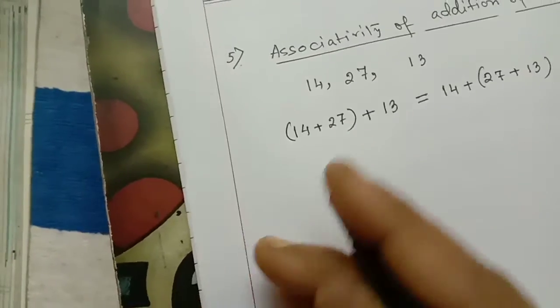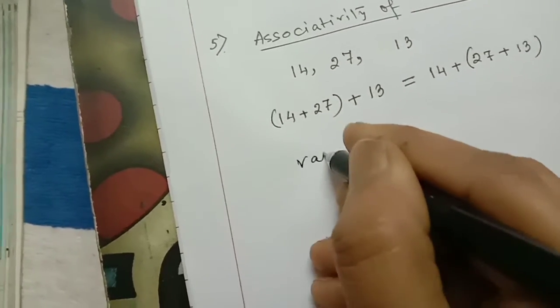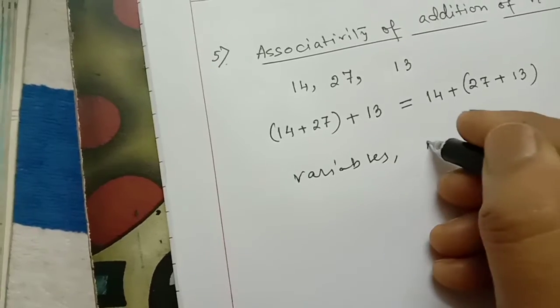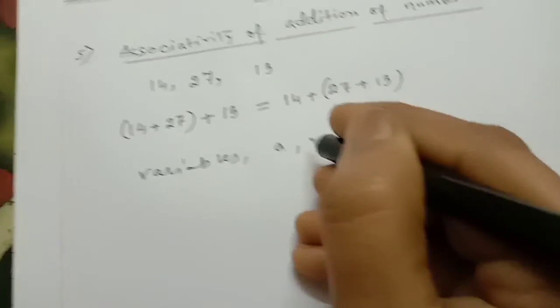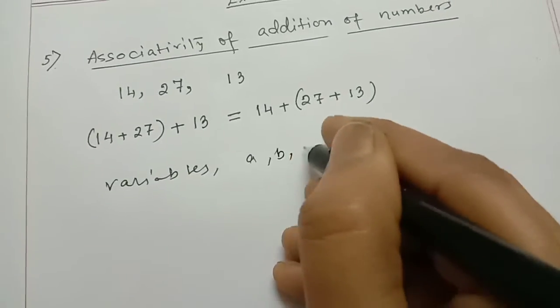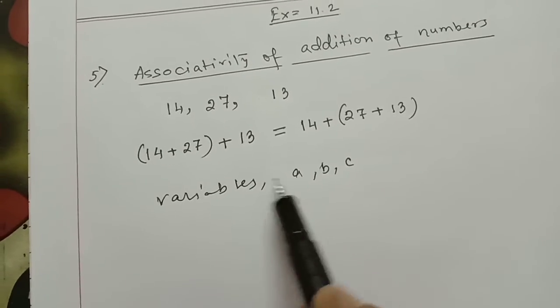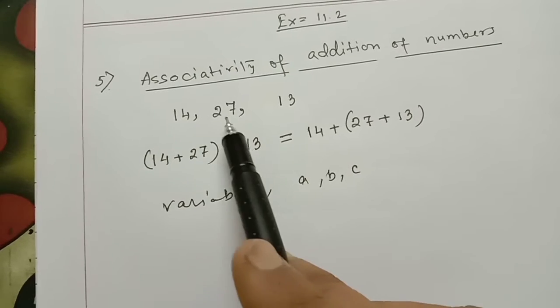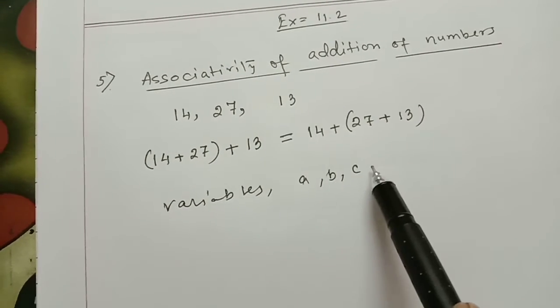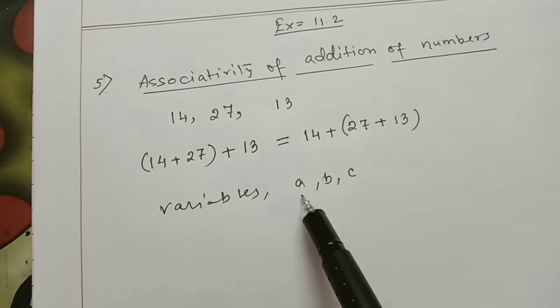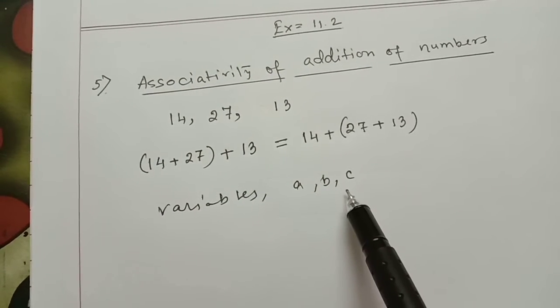Now by using variables, say a, b and c. See, these three variables I have taken. Instead of 14, a; instead of 27, b; instead of 13, c. These are examples of numbers, but we are now using variables.